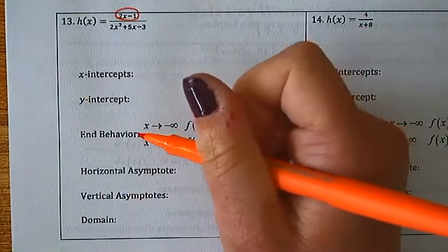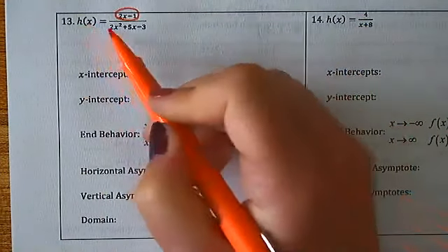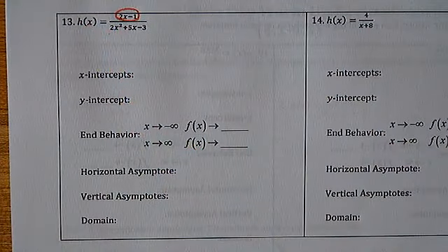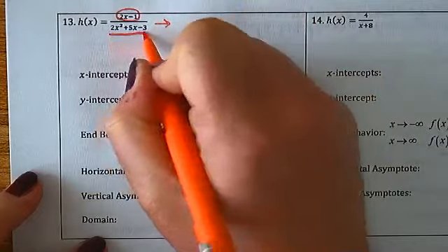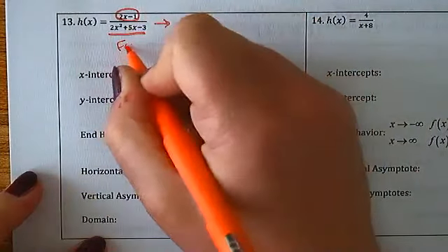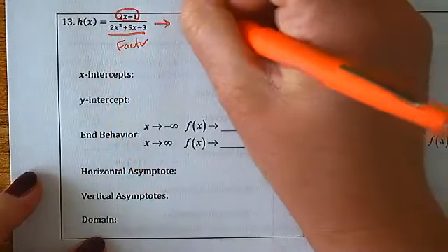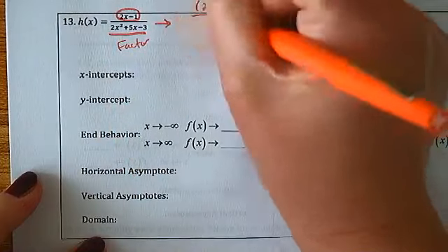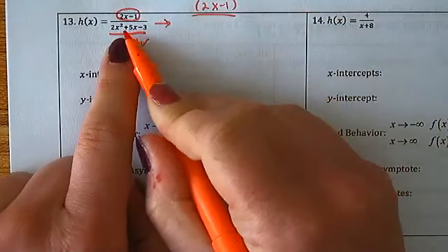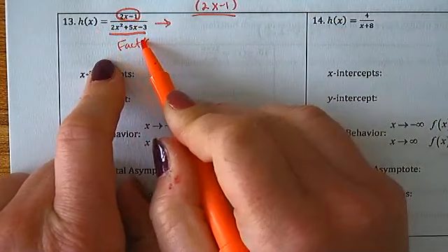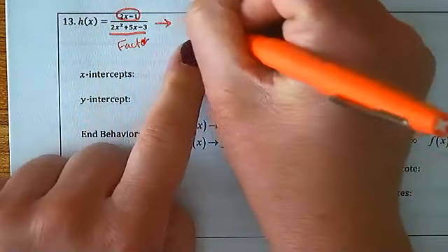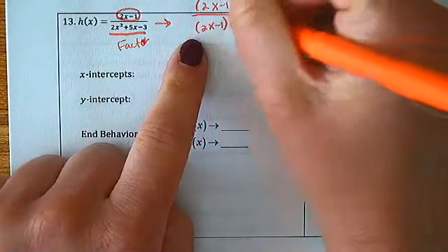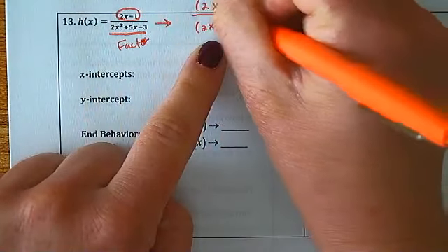What's actually kind of cool is we can simplify this guy before we do any of that. So watch what happens when I factor this. My numerator is 2x minus 1, and my denominator, if you were to factor this right now, you would get 2x minus 1 and x plus 3.